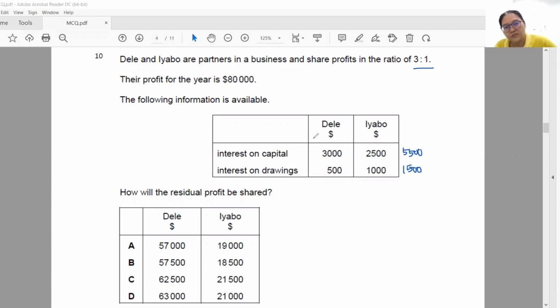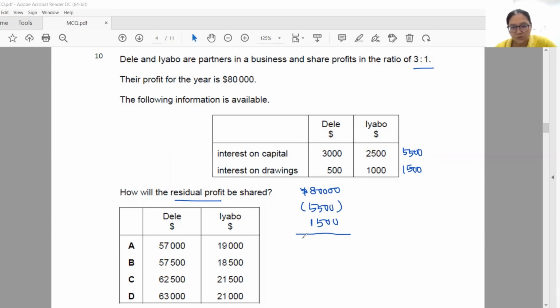To find the profit share, the residual profit, we take the profit for the year, which is 80,000. Interest on capital, we have to minus. Interest on drawings, we have to plus, because it increases the profit share.